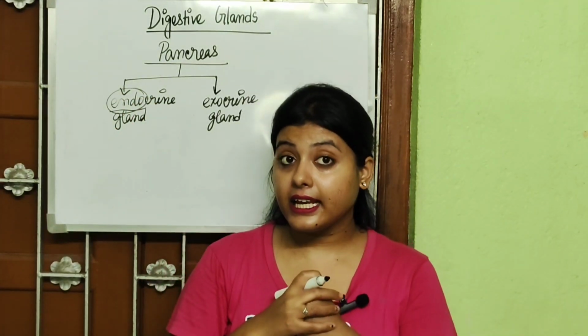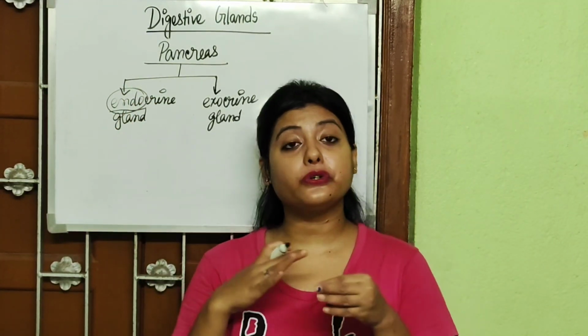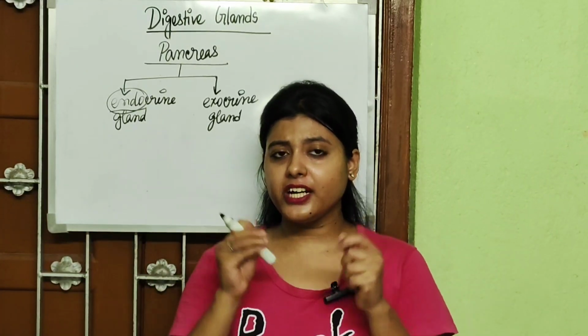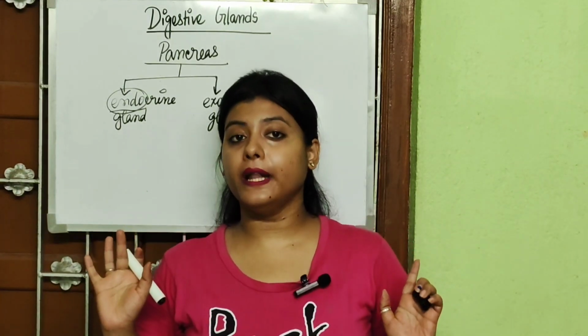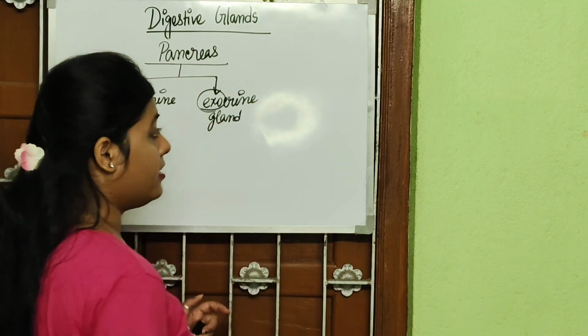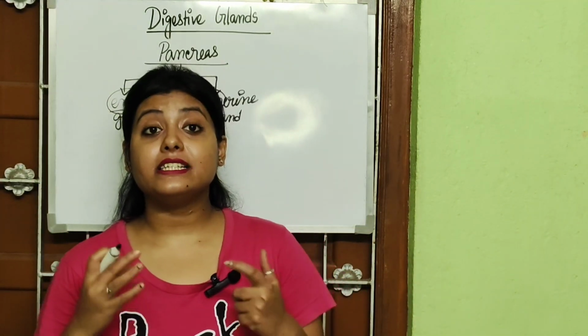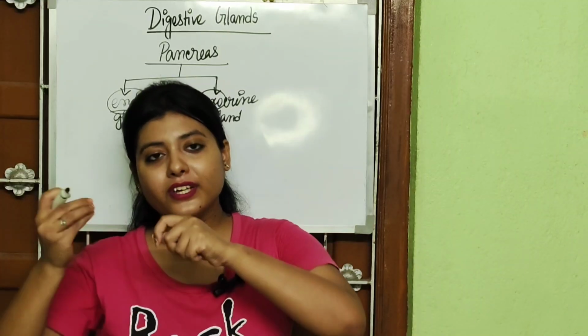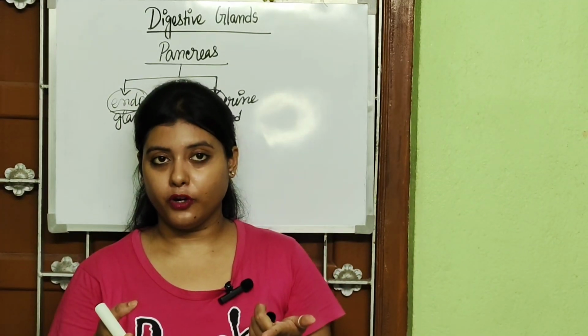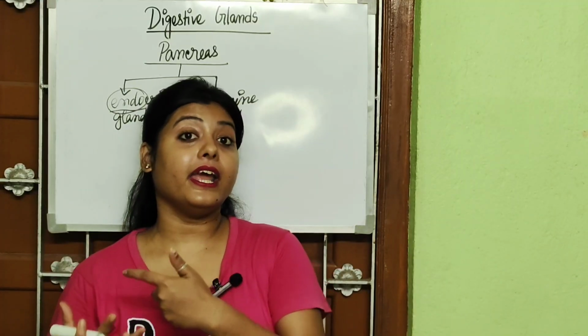In this case, the secretion of the gland happens totally inside the body. The secretion is directly released into our bloodstream. And exo means outside. In the case of exocrine glands, they have a duct, and with the help of the duct, the secretion comes outside.